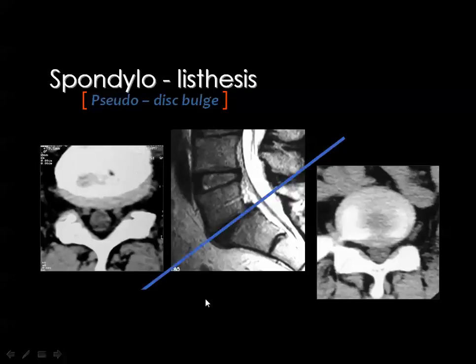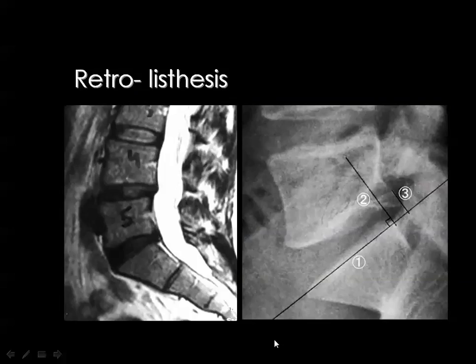Then if you have a section like this, you will get this appearance: you see the vertebral body with a big soft tissue shadow which is not conforming with the margin of the disc, and this shadow is encroaching on the neural foramina. This is known as pseudo disc bulge, and this is quite different from the true disc bulge, which is confined to the margins of the disc and is seen at the level of the disc, not at the level of the vertebral body.